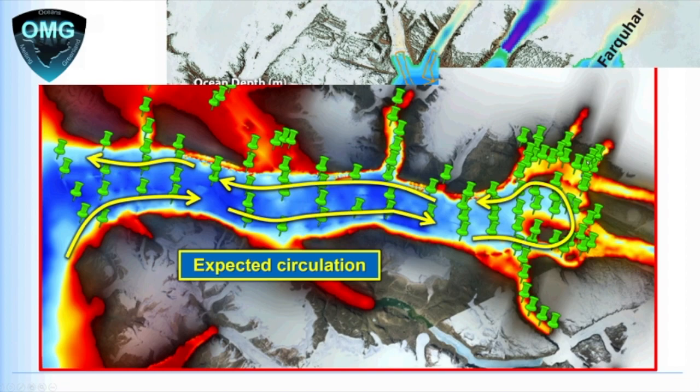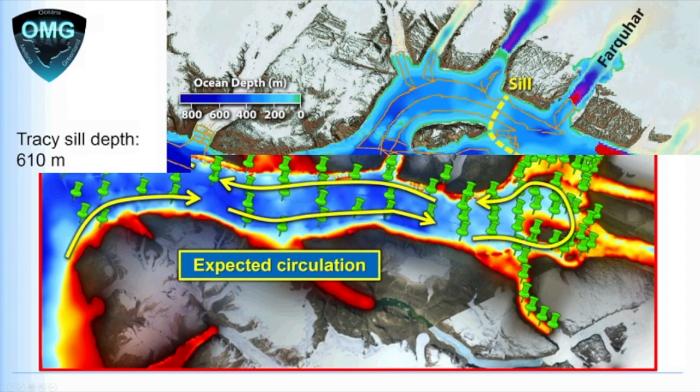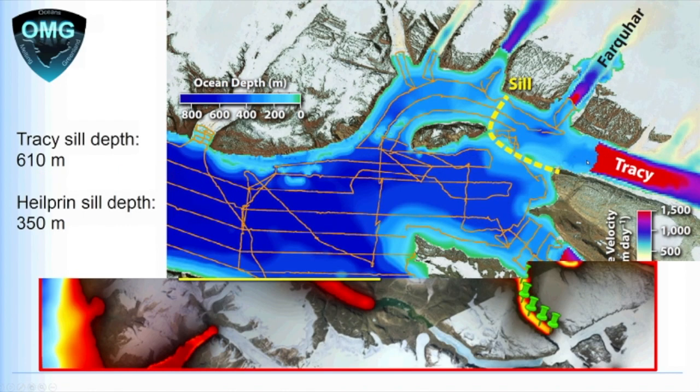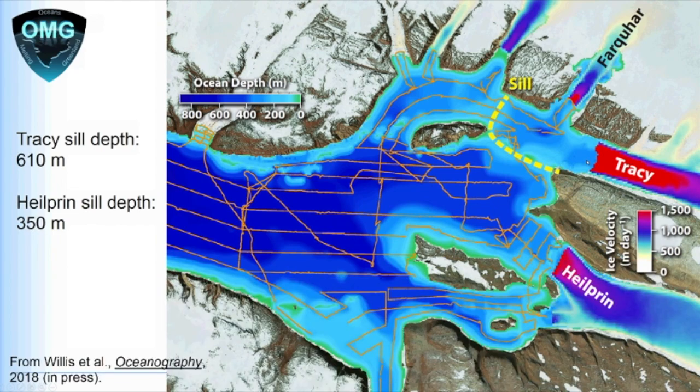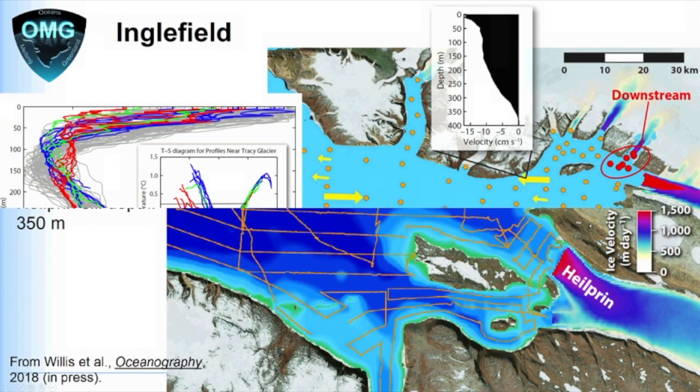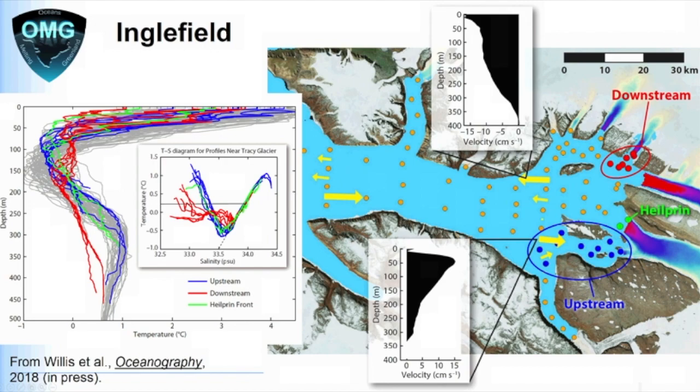And if we look at the temperature and salinity data in these regions, we can see that the upstream waters, upstream of the two glaciers, have a very classic structure. The blue profiles shown on the left-hand panel show the water structure for the upstream profiles, and the red are essentially downstream of the two glaciers.